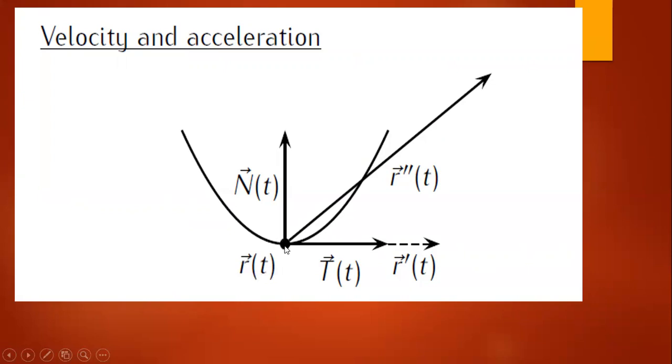If this is a tangent line, and a point passing by, moving on this curve, leaves the curve from this point and makes a tangent to it, then this line becomes the tangent, or the derivative, or the velocity vector, and this is a normal vector.